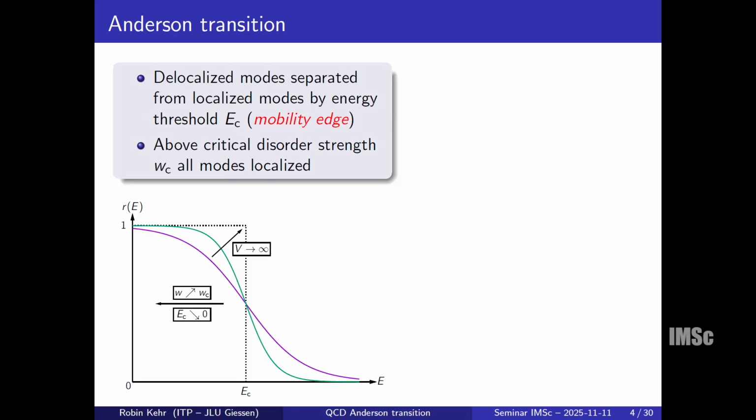As you increase the volume, these curves become sharper and sharper, so in the infinite volume limit we have a second order phase transition. Then you can also increase the disorder, and these curves move to the left. So the mobility edge decreases and eventually vanishes at the critical disorder, and this transition from vanishing mobility edge to non-vanishing is also a second order phase transition.